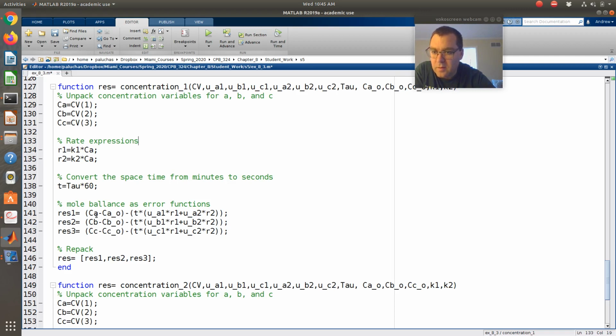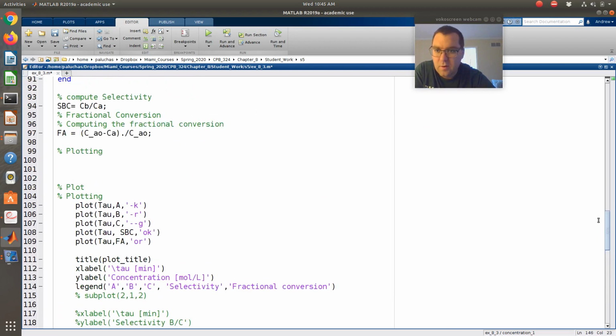Mole balance, CA minus CA naught, minus tau times stoichiometric coefficient of reaction 1 times R1. Looks good. You pack it up. I see no issue with that.